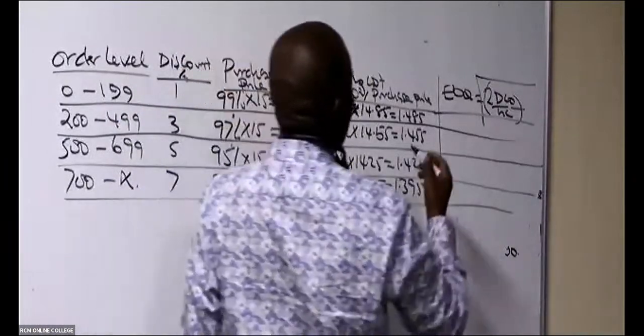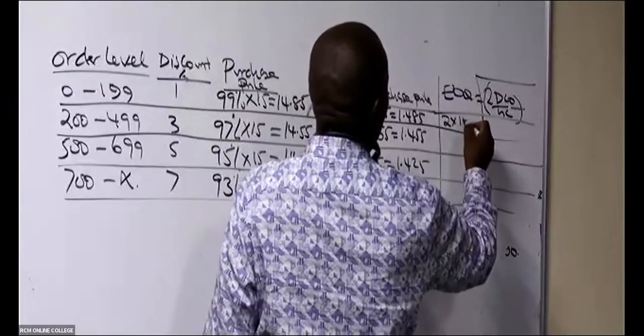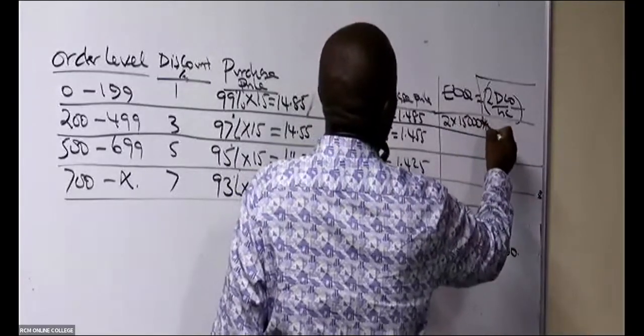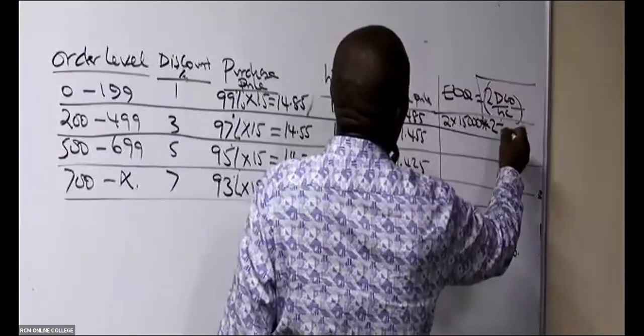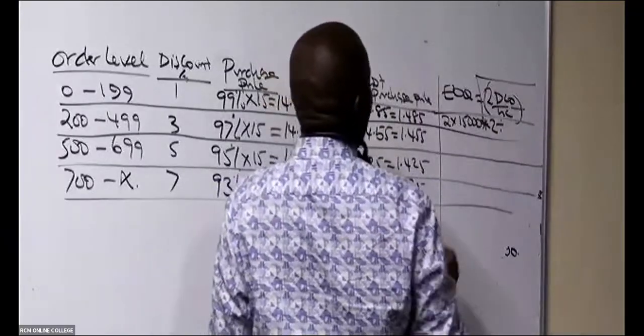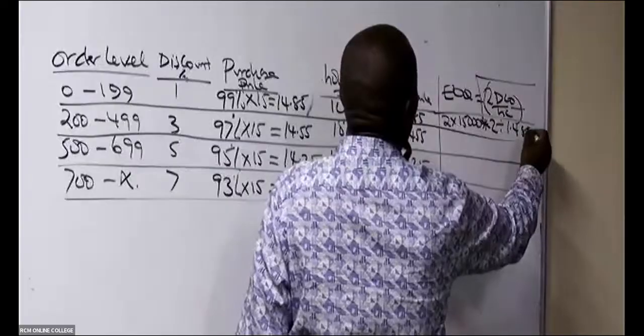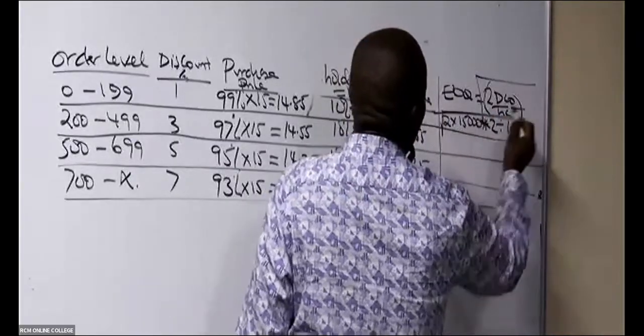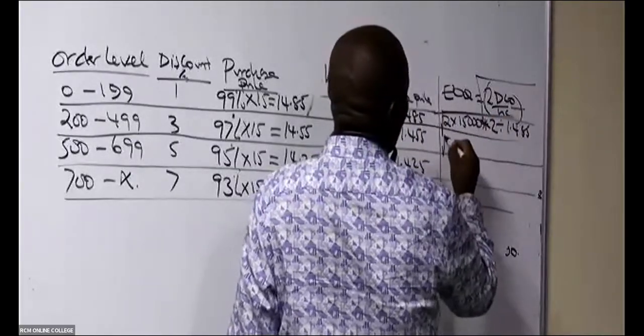So it will be 2 times 15,000 times cost per order, which is given as 2, divided by the holding cost here, which is 1.485. And then I take the square root of all of them.